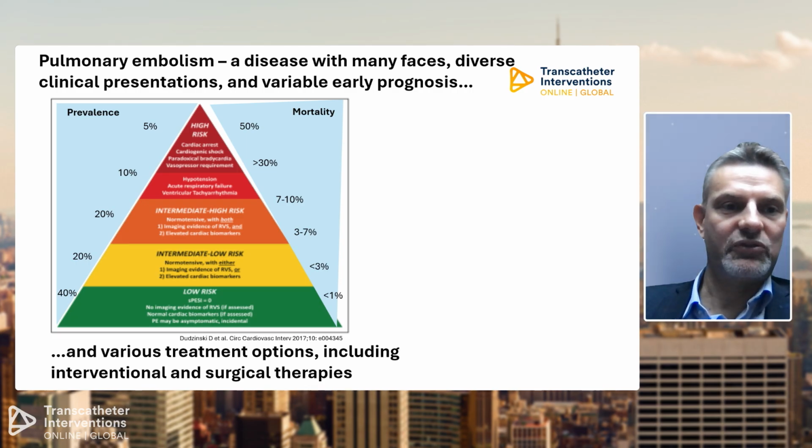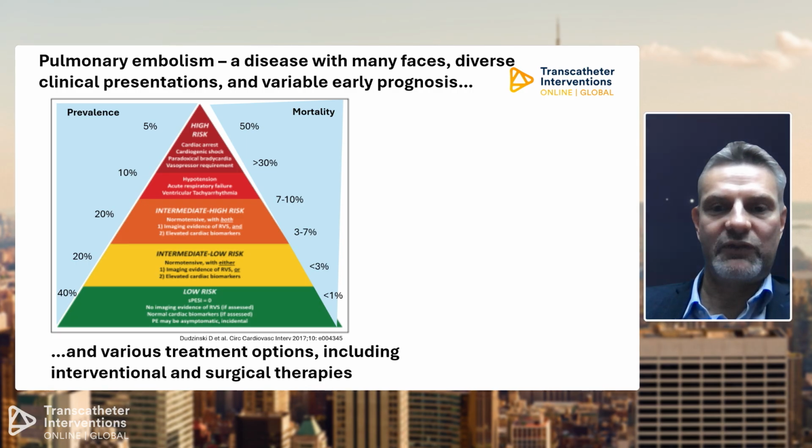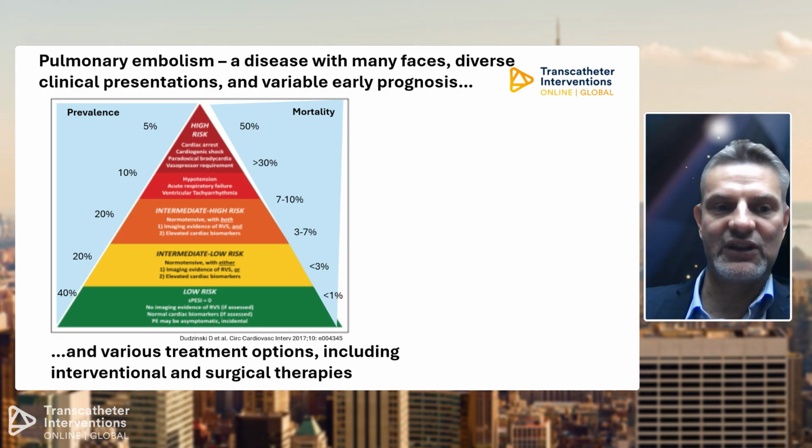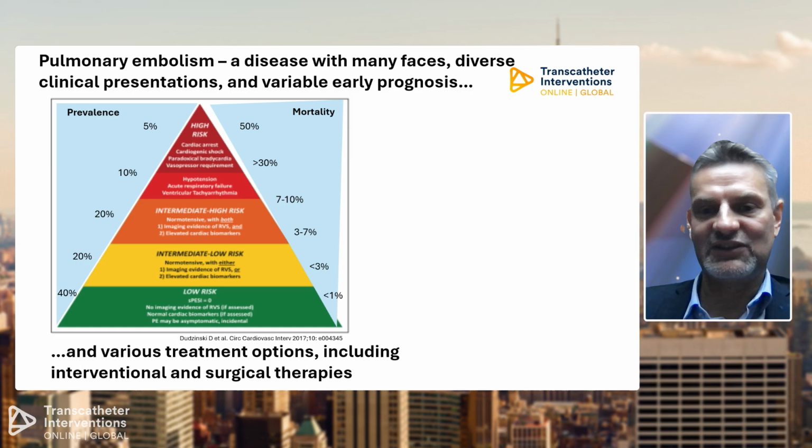So, of course, pulmonary embolism is a disease with many phases, diverse clinical presentations, and different early prognosis, as you can see here, because in high-risk patients, mortality is up to 50%.